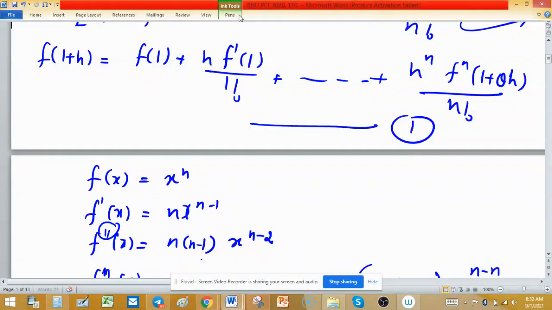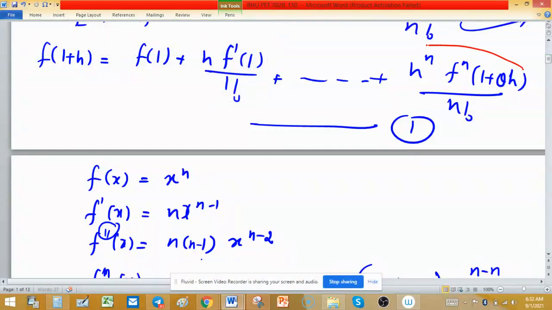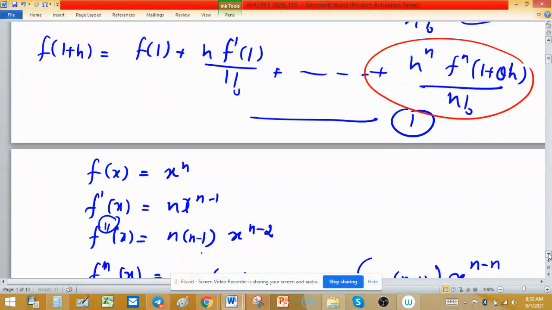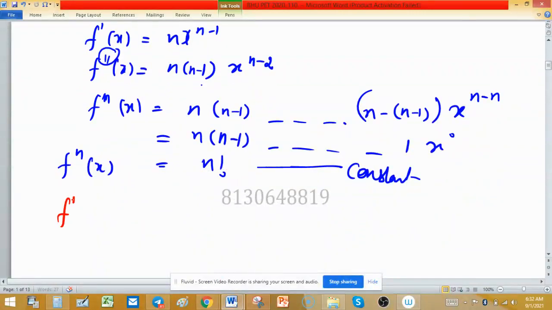So from equation 1, in the red circular part, we have to find the value of f^(n)(1+θh). Because the function is constant, f^(n)(1+θh) will be the same as n factorial. Call it equation 2.